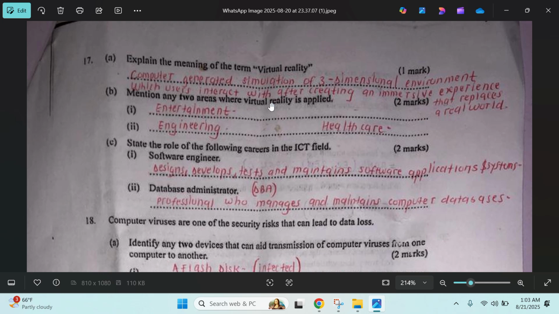In most cases, it is 3D and it's going to enable users interact with it as if they're in the real world. So the keywords here, one is computer generated simulation. Two, it's going to create an immersive experience. Three, users can interact with it as if they are in the real world.